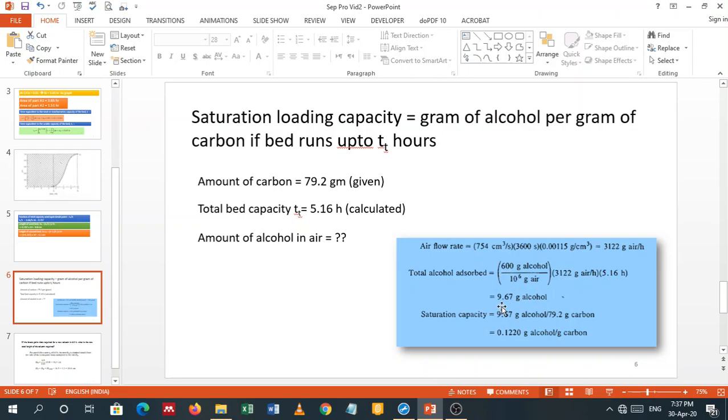That is the total amount of alcohol in 1 hour, 9.61 gram of alcohol. And the saturation capacity is simply 9.69 gram of alcohol in 79.2 gram of carbon, so it is about 0.1220 gram of alcohol per gram of carbon. That is the saturation capacity.